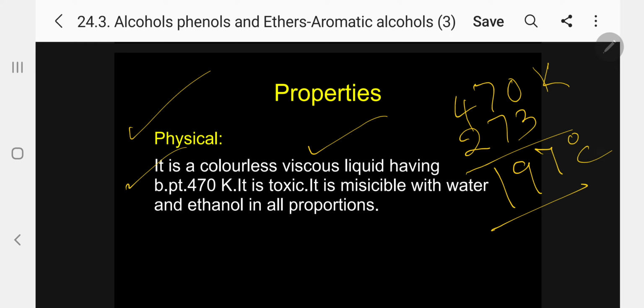So with almost 197 degrees, this liquid is used in automobiles, in the car radiator. In the radiator, we mix it with water because of the high boiling point. This is toxic in nature. It is miscible with water and ethanol in all proportions.